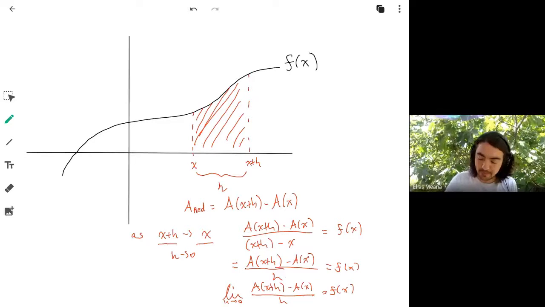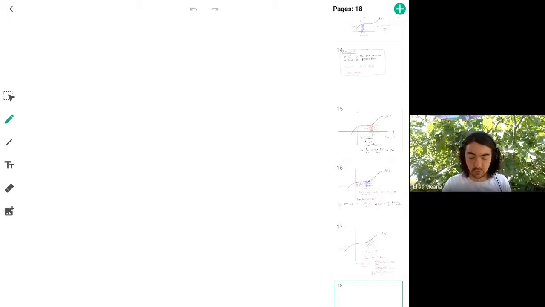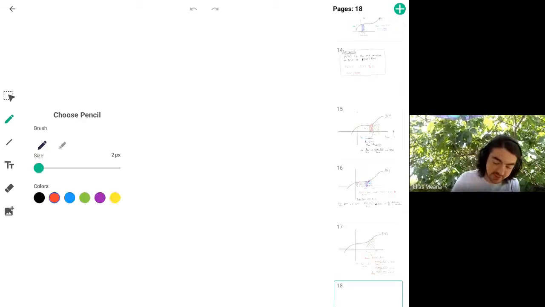So in other words, I'll summarize everything up now with the fundamental theorem of calculus. This is the actual statement of the fundamental theorem.